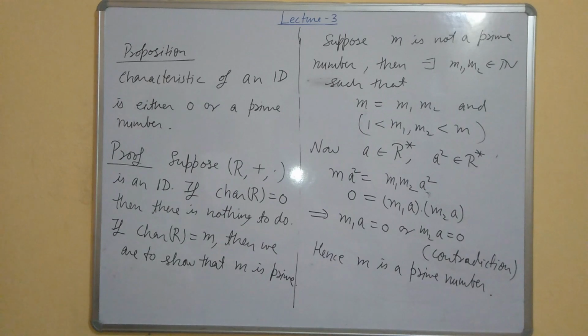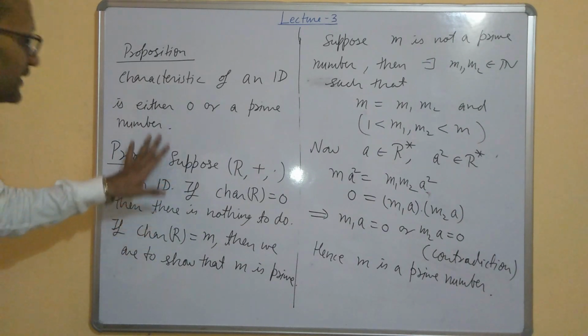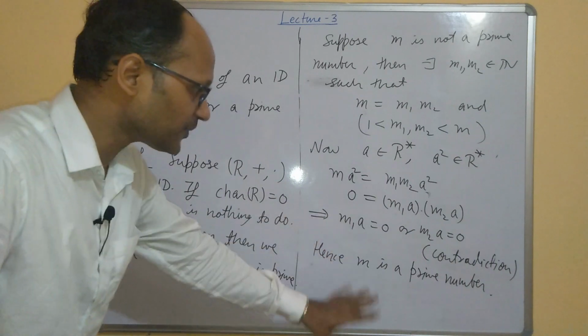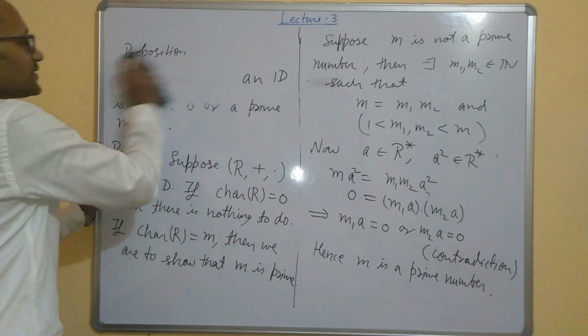So we have proved that the characteristic of an integral domain is either 0 or it has to be a prime number. Okay, what is the meaning of this? Let us see.